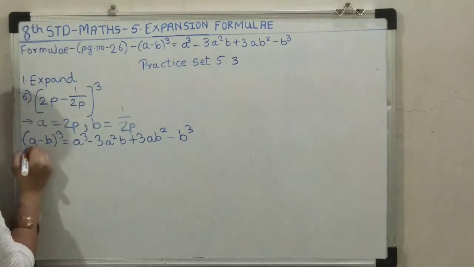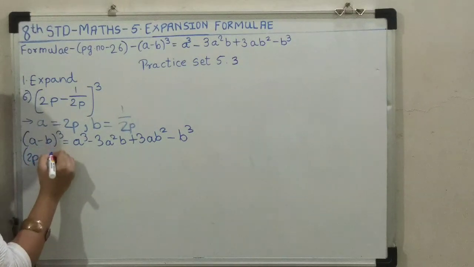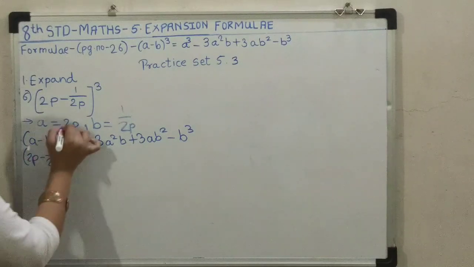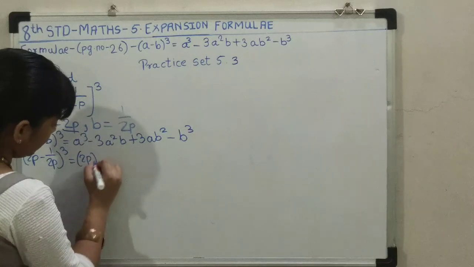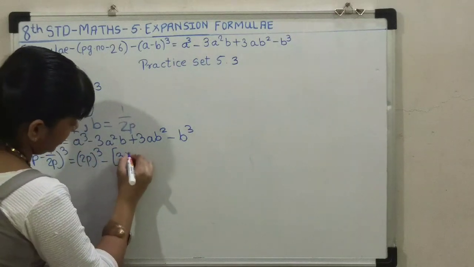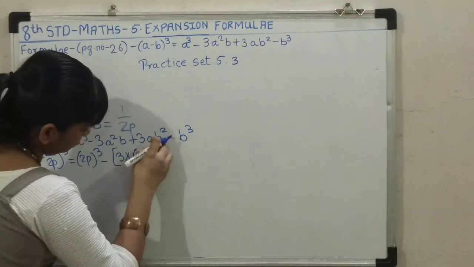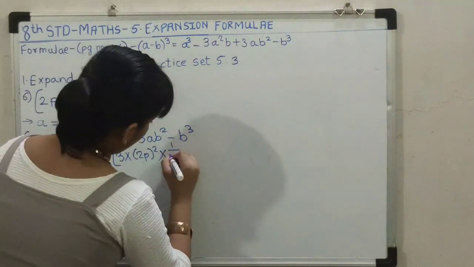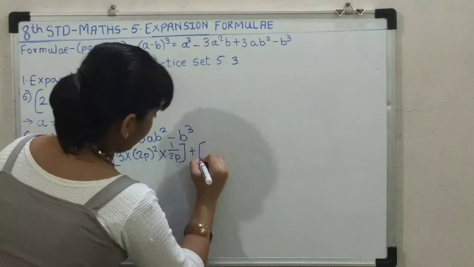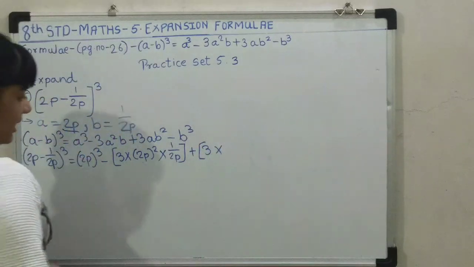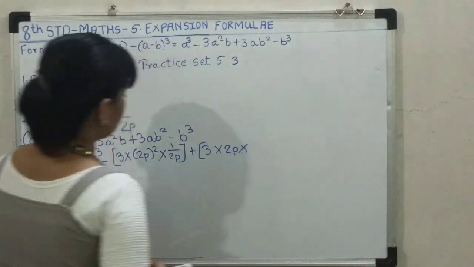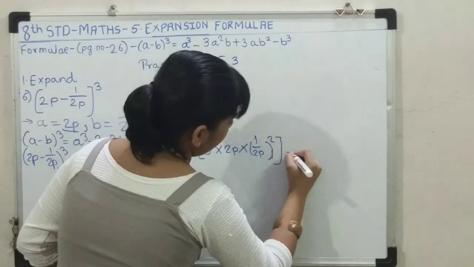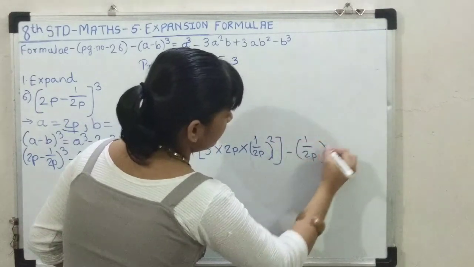So here a is 2p and b is 1/2p. (2p - 1/2p)³ is equal to a³, that means (2p)³, minus 3a²b, that means 3 into (2p)² into b, that is 1/2p, plus 3ab², that means 3 into a, which is 2p, into b², that is (1/2p)², minus (1/2p)³.